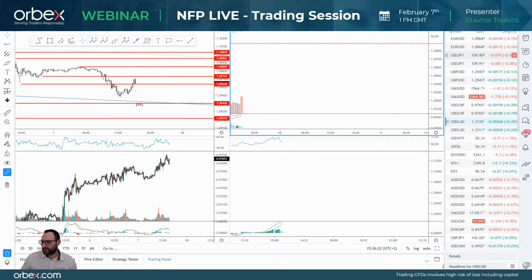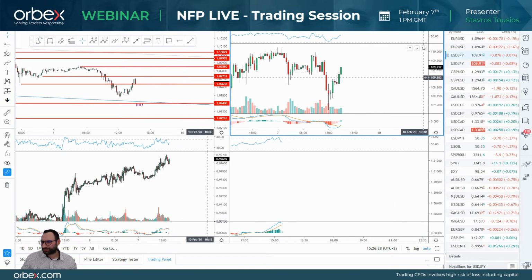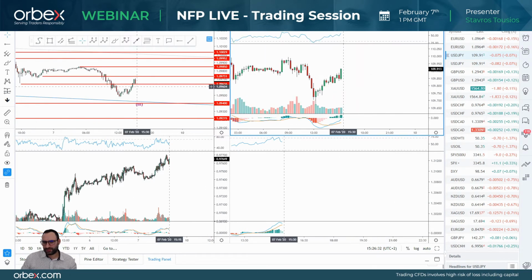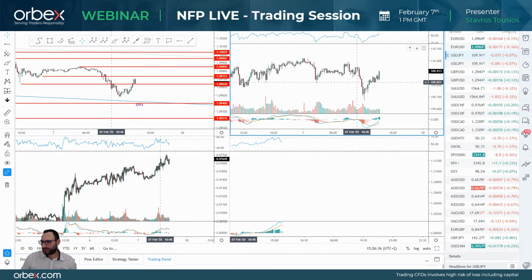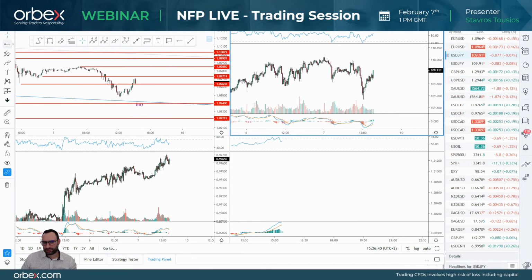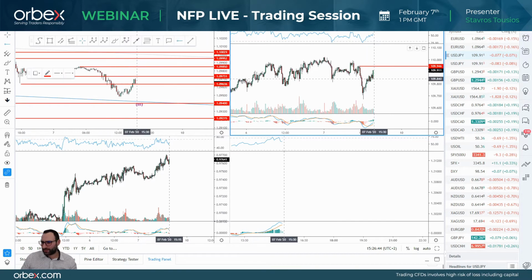This one, let's go for dollar yen. Dollar yen, look at this move on dollar yen. Let's go down on the 15 minutes. For some reason, I don't see any levels drawn in here, but it's okay. We can do that quickly without any problems.